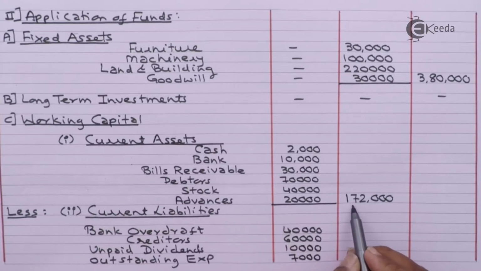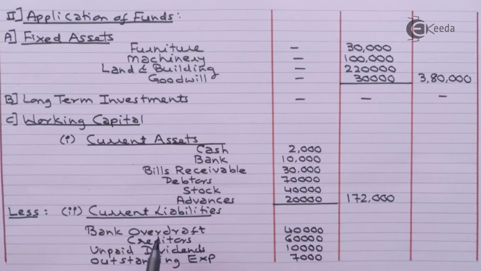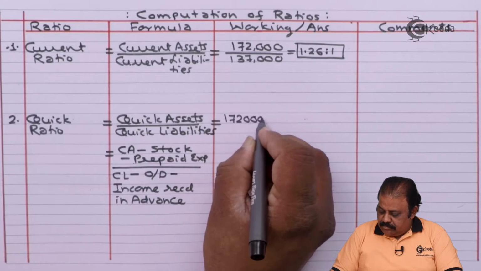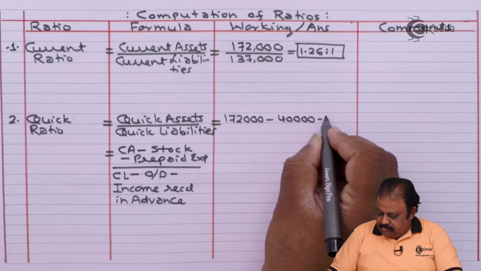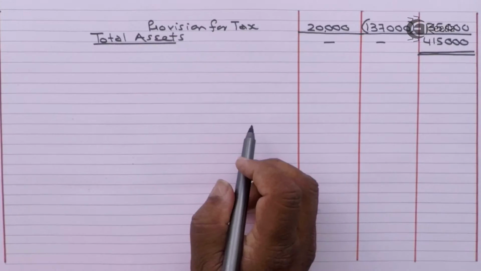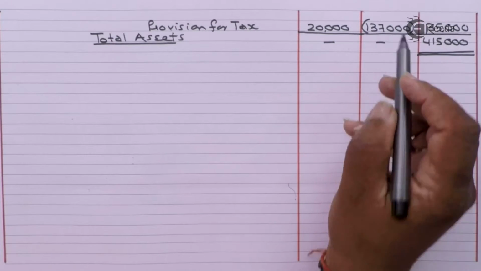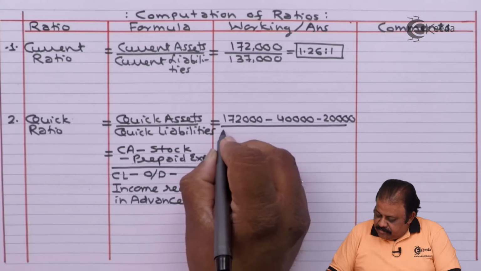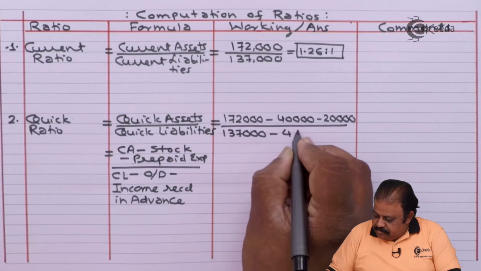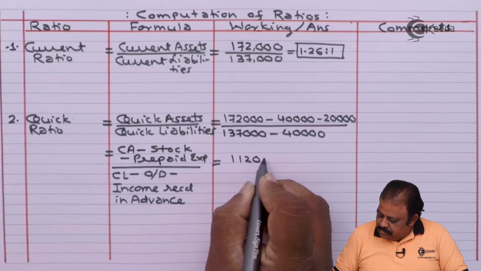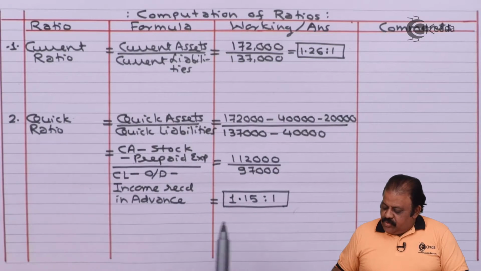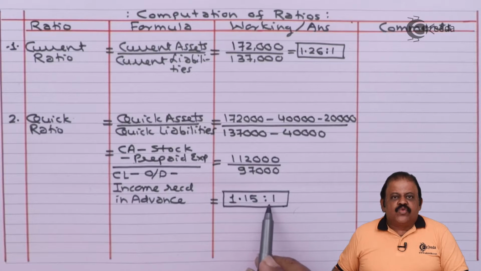Here we have total current asset 1,72,000, of which stock is 40,000, advances 20,000. Total current liabilities 1,37,000. Among this we have bank overdraft 40,000. Quick ratio is 1.15 is to 1.